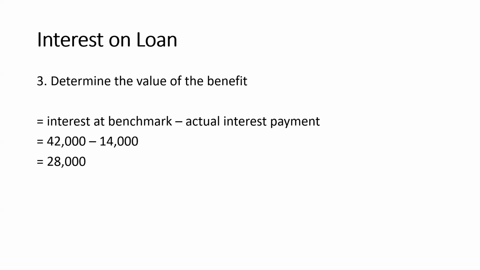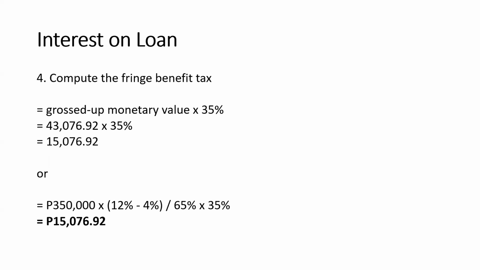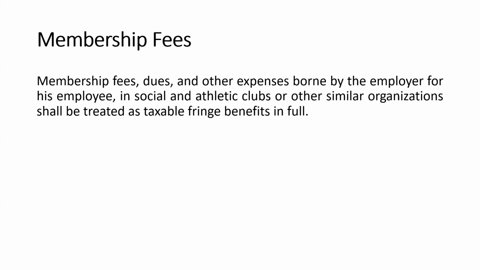Tirang i-divide natin ng 65, i-multiply ng 35. Or kung mabilisan ng usapan, yung 8% na difference or the benefit, yun ang i-multiply mo na sa 350,000 na principal. Then divide 65 times 35, that would give you 15,076.92 centavos as the fringe benefit tax.